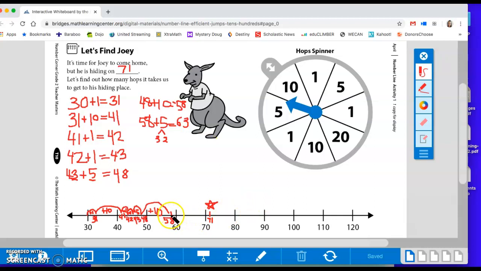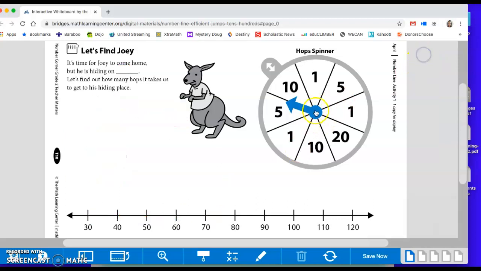So let's see, 58 is here, 63, 5 is here, so a little bit more to the left. I'm going to say about here, 63, and that was a hop of plus 5. So you can record that with me. All right, keep spinning. Oh my goodness, that is so close.